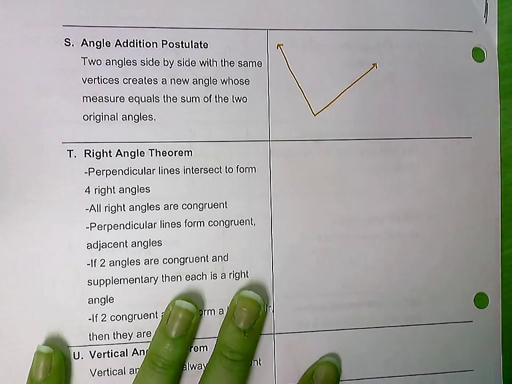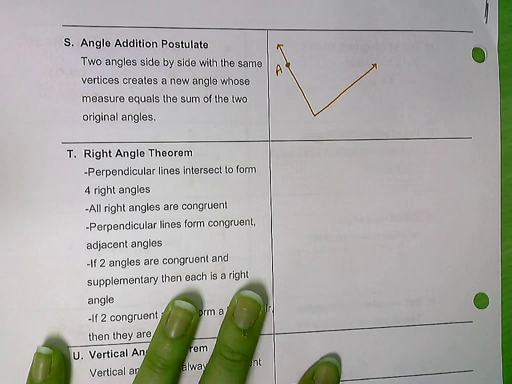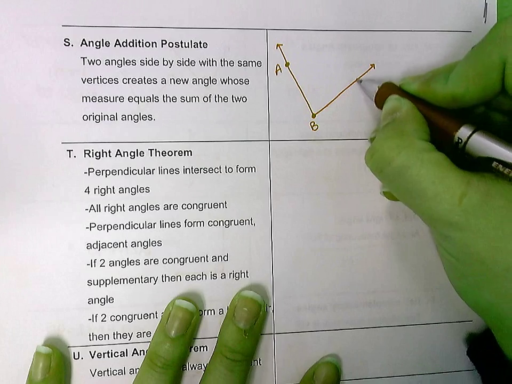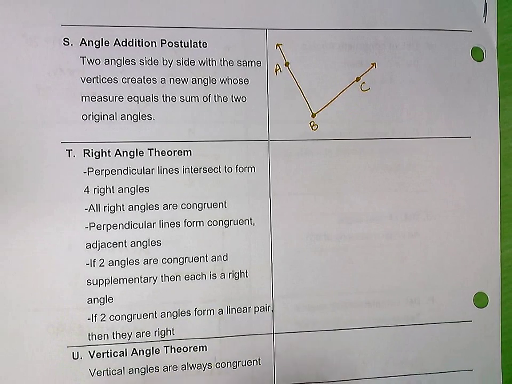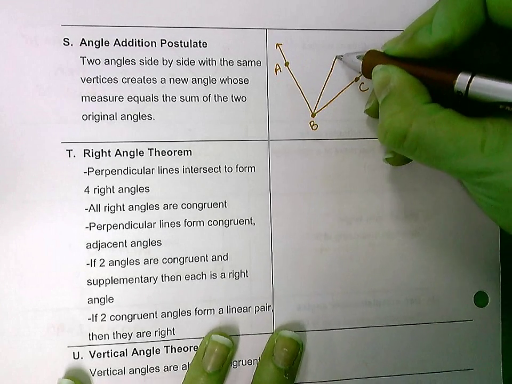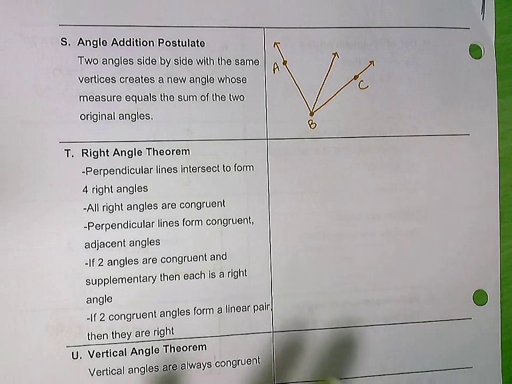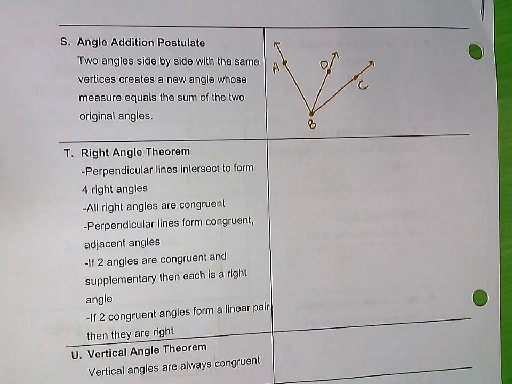I'm going to put a point here, A, a point here, B, and a point here, C. This is going to make it a little bit easier when I tell you what's going on. Now I'm going to draw a ray splitting that angle into two, and I'm going to put point D on that ray.